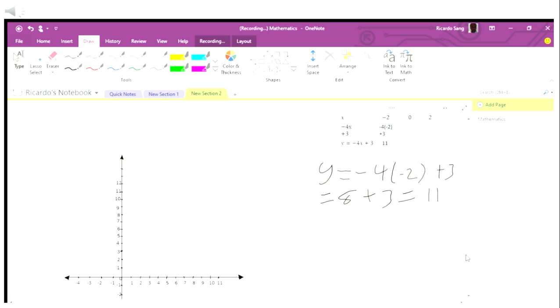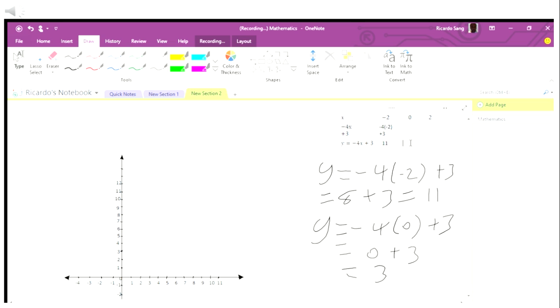So let's do the next one now. So then come back here. y equals minus 4, open bracket 0, close bracket, plus 3, and that will equal 0 times any number is 0, plus 3, which is equal to 3.